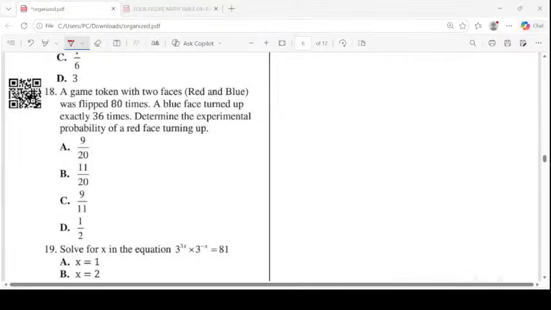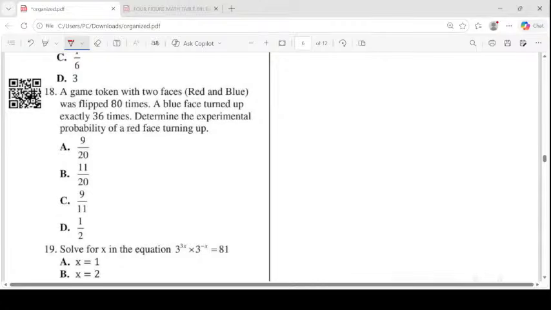We are going to this particular question now. A game token with two faces, red and blue, was flipped 80 times. A blue face turned up exactly 36 times. Determine the experimental probability of a red face turning up.